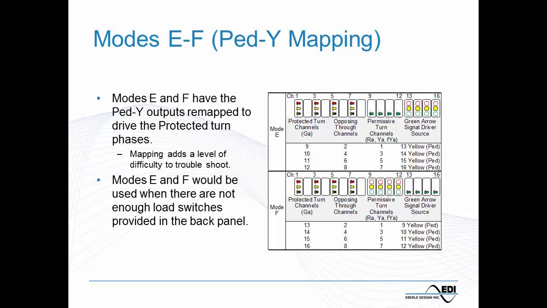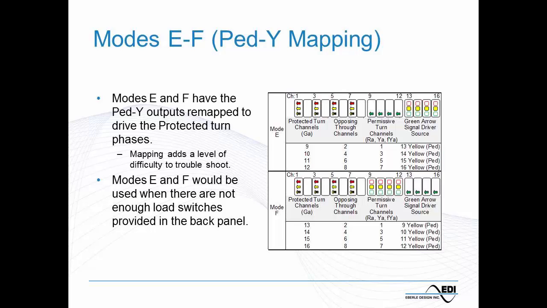We have to do this because we rely on the soldered jumpers of the program card to determine the permissive matrix. So the way we're going to configure the monitor in mode F is we're going to program channel 13 for the phase 1, what's normally phase 1 protected green when we set up the program jumper card.